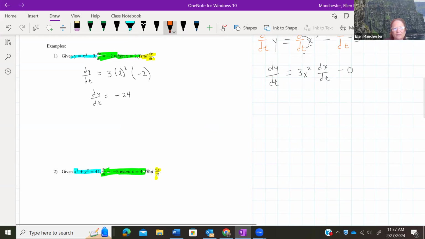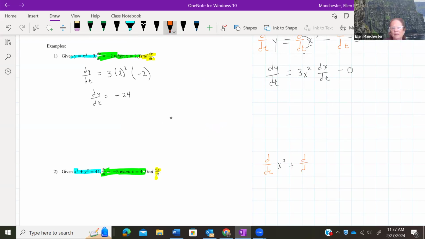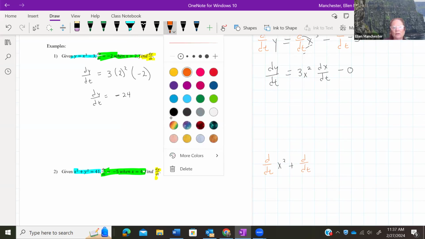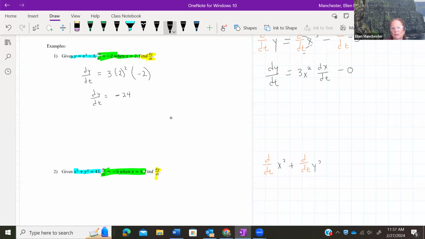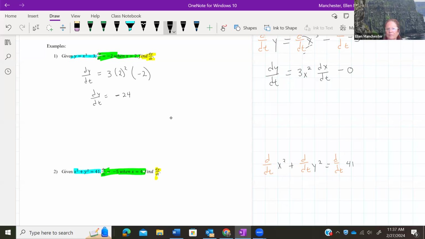Okay, so here we go. We're going to find d dt of x squared, d dt of y squared, and d dt of 41. Okay, so implicit differentiation.